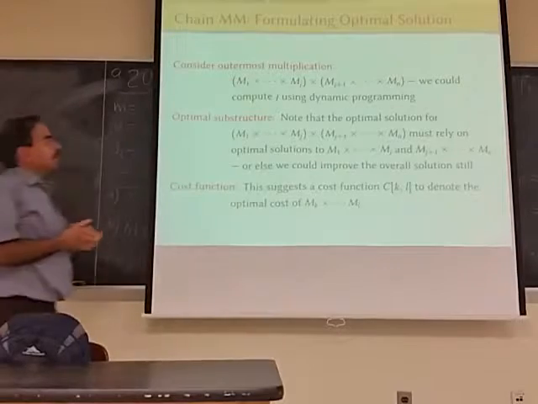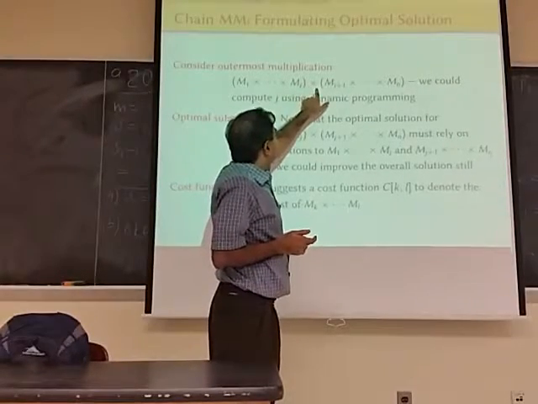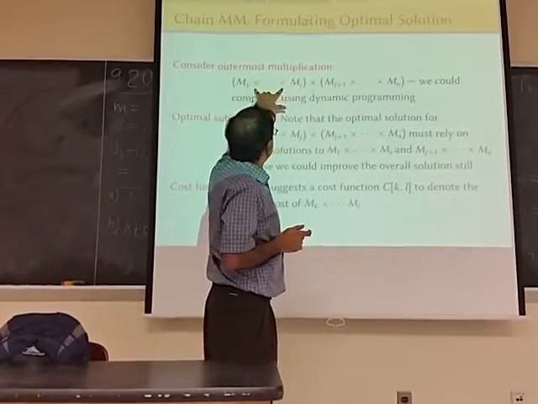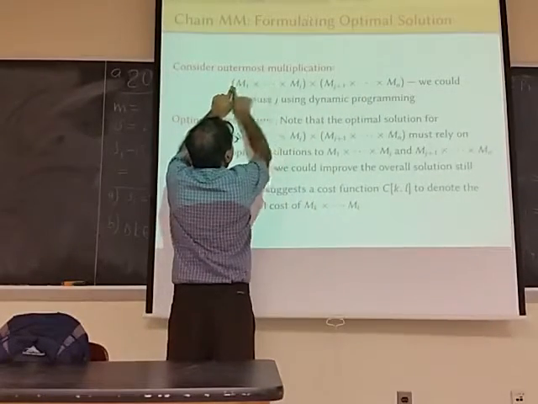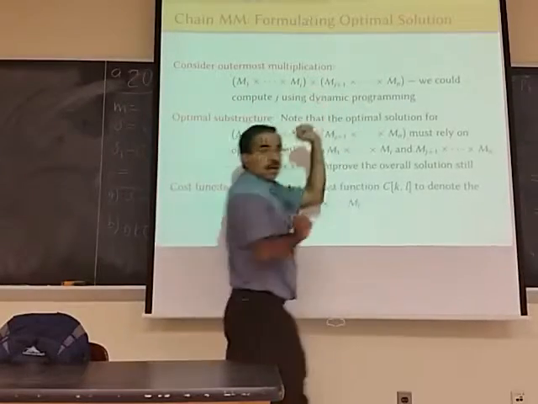Now the optimal substructure is that if this is the top level multiplication, then to get an overall optimal solution, you need to compute this subproduct optimally and this subproduct optimally, right?